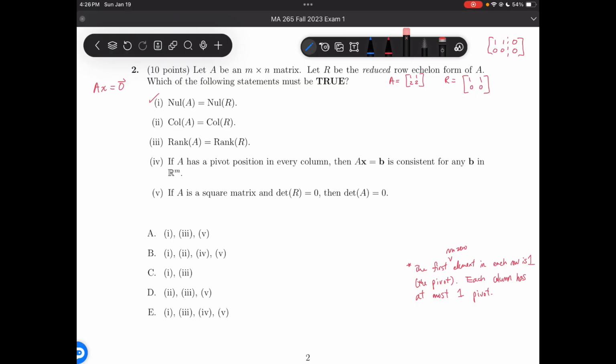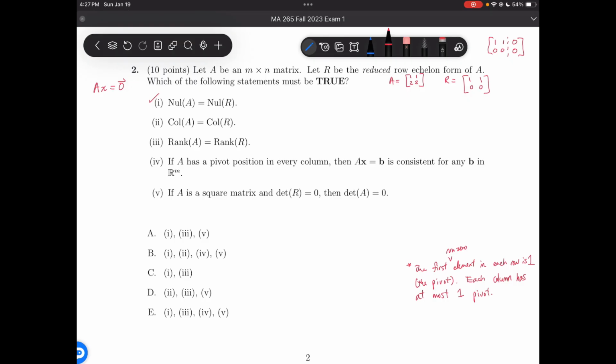Alright, so statement 2 says the column space of A is equal to the column space of R. So the column space is the space of all vectors spanned by the columns of a matrix A. So in this case, we repeat a similar process where we take the row reduced echelon form of A. So to find the column space of A, I would take the row reduced echelon form, and then I have to find all columns with a pivot.